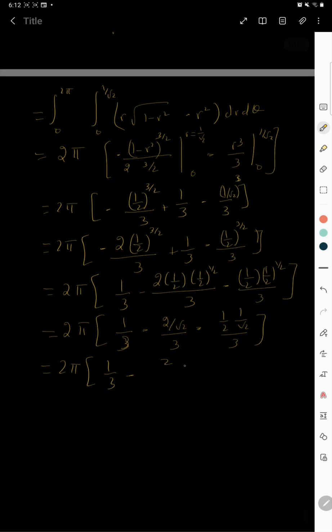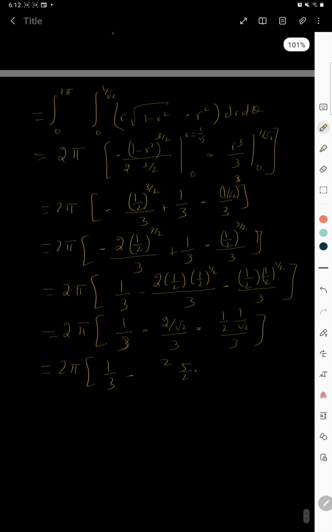Minus 2 minus 1/2, so this is minus 5/2 root 2 over 3. So it's 2 pi, 1. So multiply by root 2 on top, so you get 5 root 2 over 4. Oops, there's a mistake somewhere.